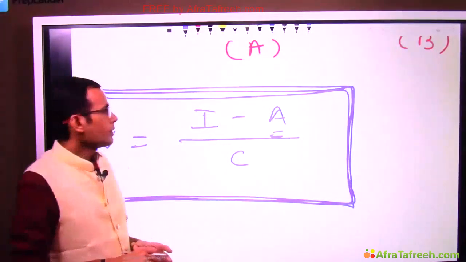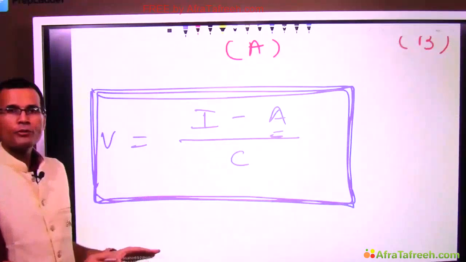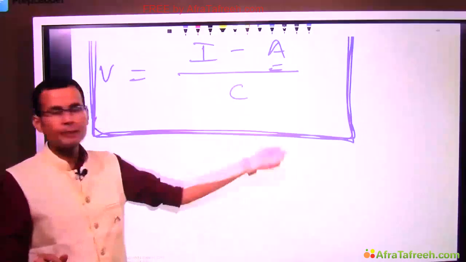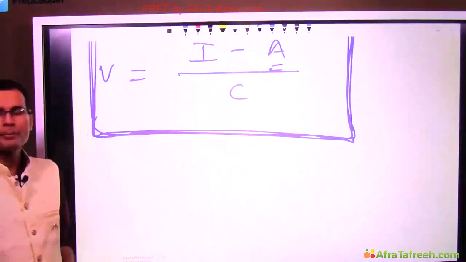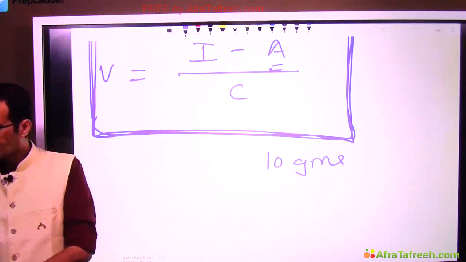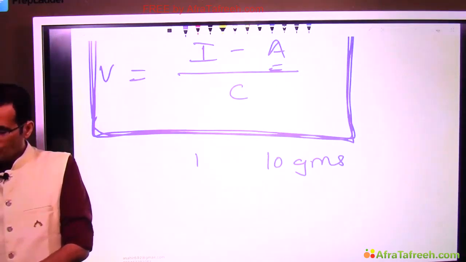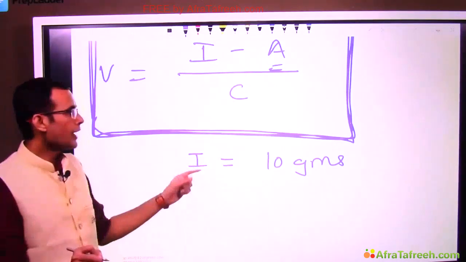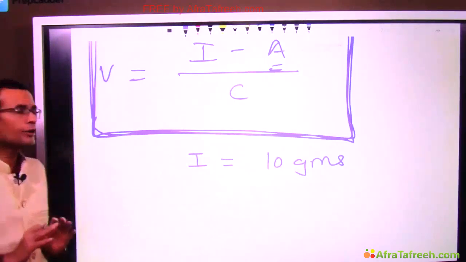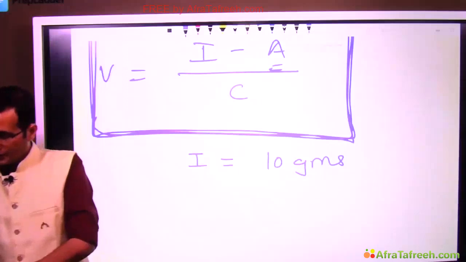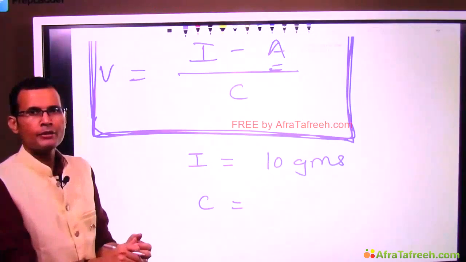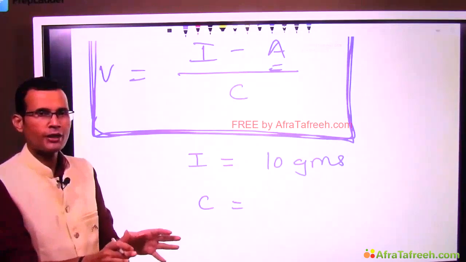Okay, that's how we calculate volumes of the various body fluid compartments. Let us solve the MCQ, which I mentioned at the beginning. 10 grams mannitol was injected initially. So the initial amount of the dye injected was 10 grams. Then after it got dispersed into the compartment, a sample was collected for the concentration of the dye.